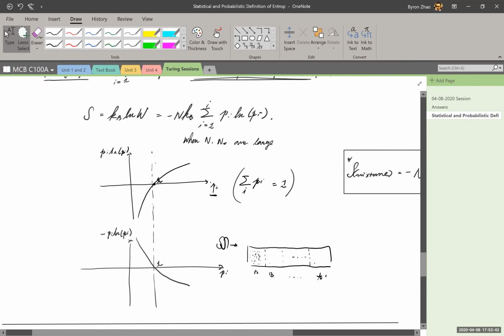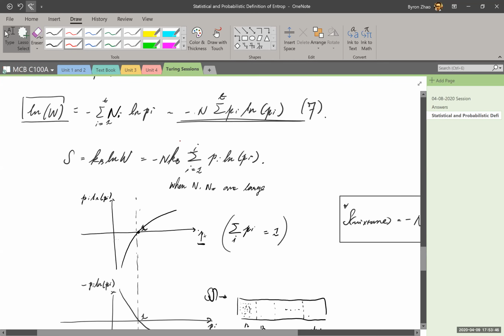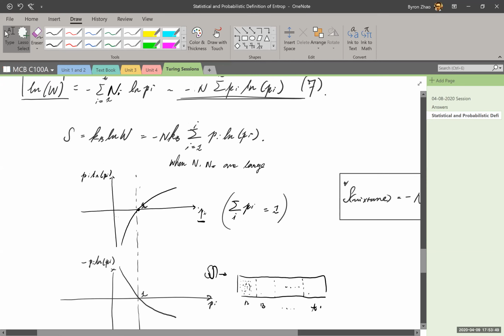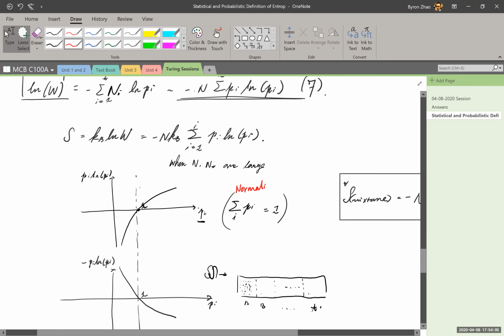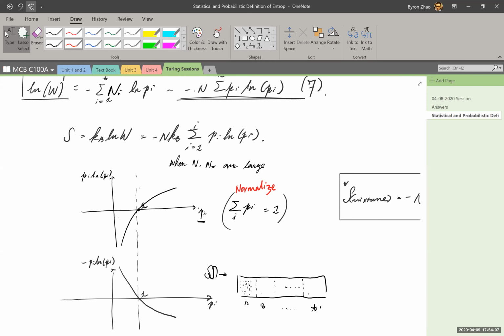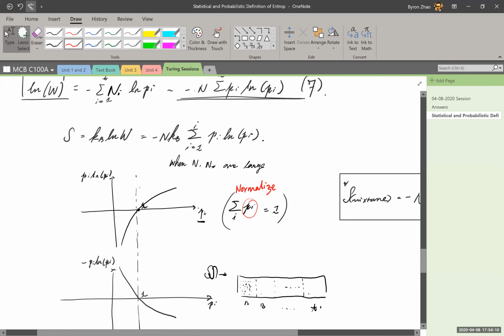So let's get a very fast understanding of this formula. If we just look at Pi times ln Pi, and remember these probabilities, we want them to be true probabilities, so we normalize them. Which means if all of the probabilities add up, they should equal 1. That means each of the Pi should never exceed 1. So I have drawn a line right here.